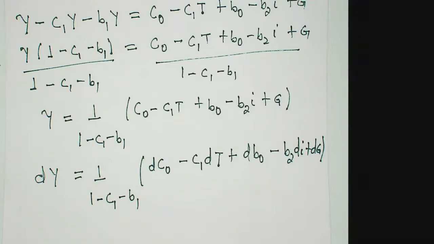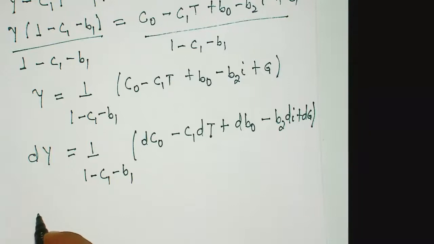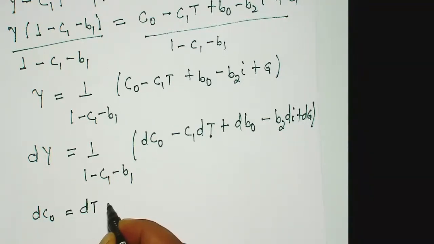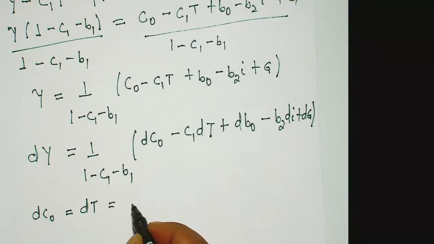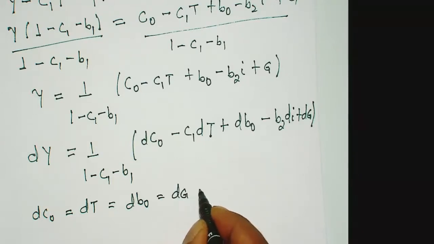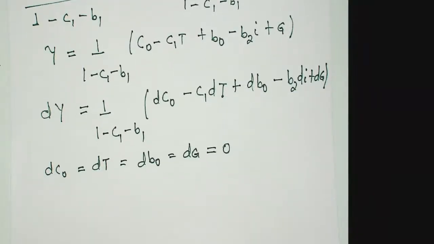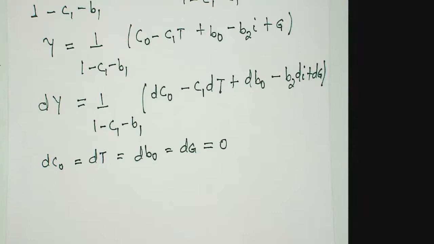Another assumption before we go ahead is we are setting the terms dC0 equal to dt equal to dB0 equal to dG. All of these terms should be set equal to 0 because we are not informed about their change.